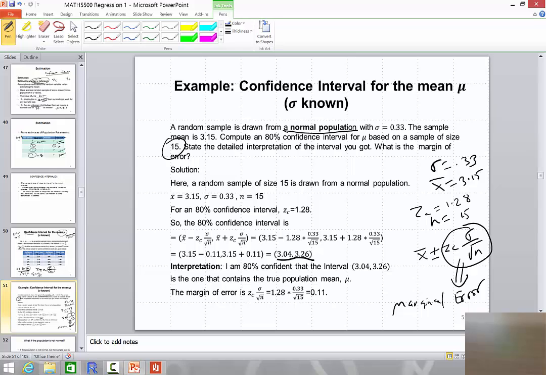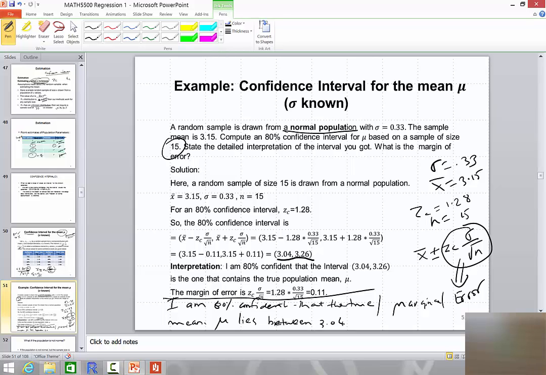The interpretation: I'm 80% confident that the interval is the one that contains the true population mean mu. If you want to make this a little simpler, I can give you this kind of interpretation. I am 80% confident that the true mean mu lies between 3.04 and 3.26.